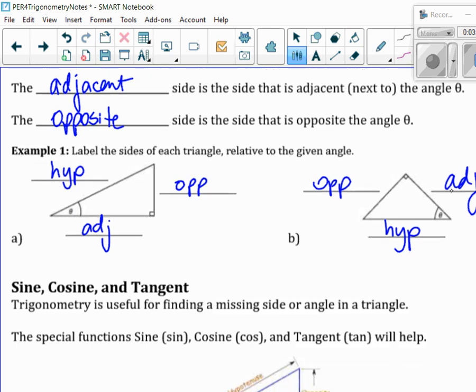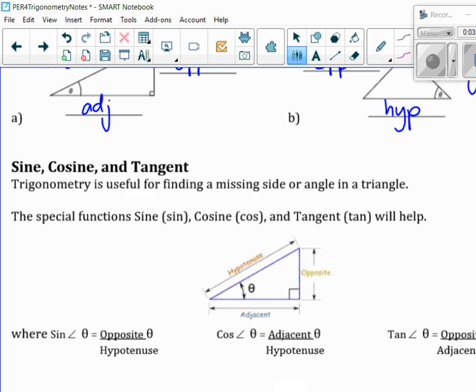So now we're going to get introduced to the epitome of trig: sine, cosine, and tangent. Trigonometry is useful for finding a missing side or an angle in a triangle. On your calculator it's just S-I-N, but don't call it sin, it's sine.